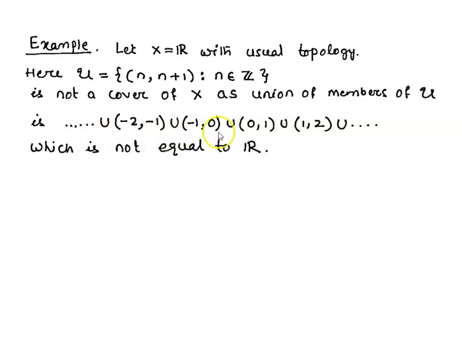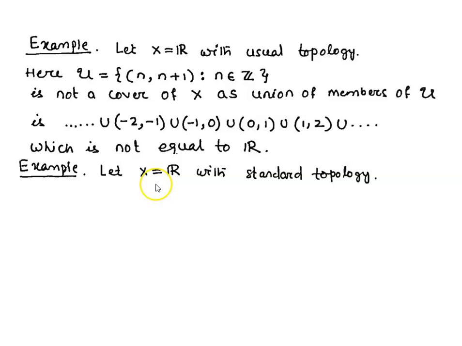If we take this union, it is equal to R minus the set of integers, because this union doesn't contain the integers. All integer points are missing here. So the union is not equal to the entire real line. So this collection U is not a cover of R.